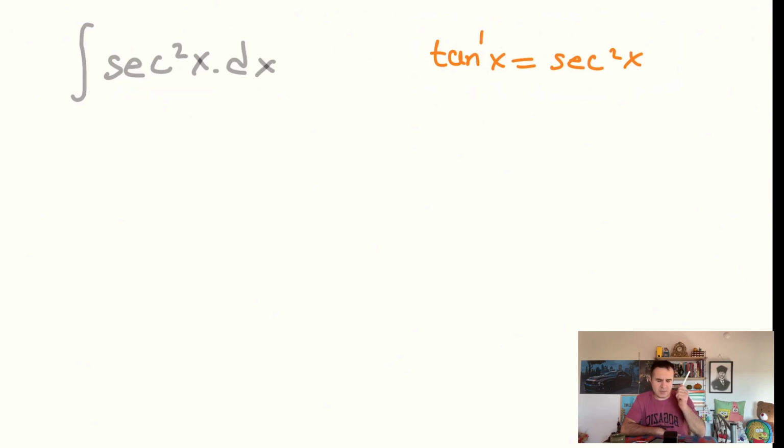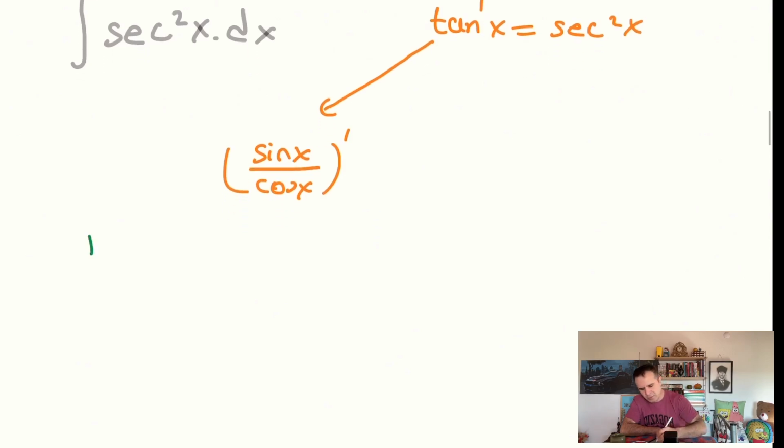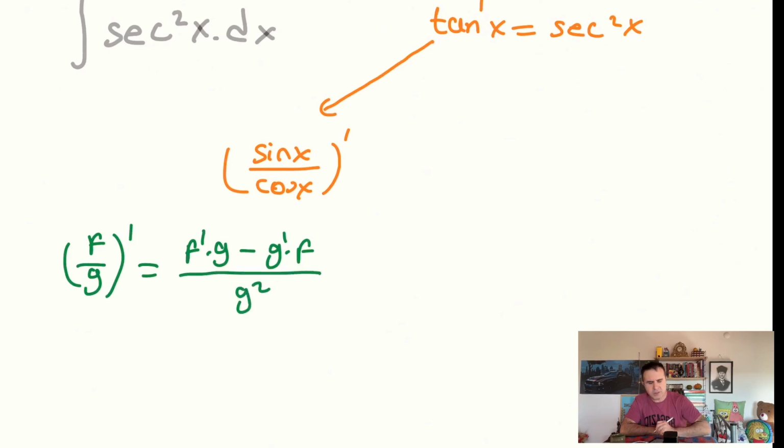If you forget the derivative of tangent x, you should write it as sine x over cosine x and take the derivative by using the quotient rule. Remember the quotient rule. If we have a function f over g, its derivative is equal to f prime g minus g prime f over g square, and we will use this quotient rule here for tangent x.